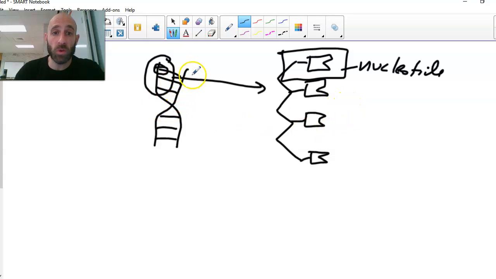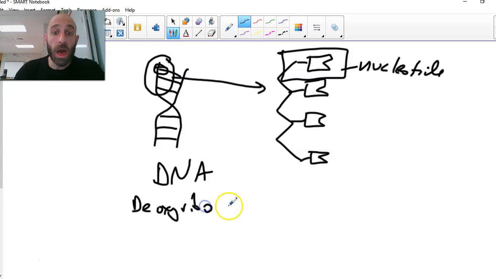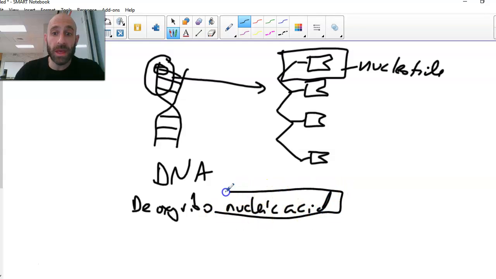So for example, this would be a DNA model. This would be DNA. And DNA stands for deoxyribonucleic acid. So there's that nucleic acid term, right? So this is a nucleic acid. And it's called deoxyribo. We'll talk more about that later because that's the kind of sugar that it uses. But for now, you just need to know DNA. Thank you very much.